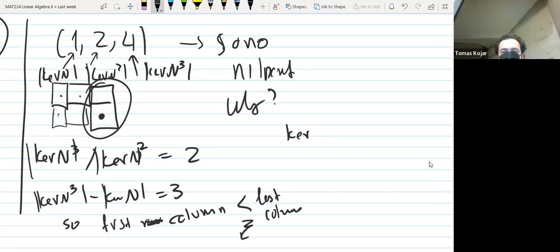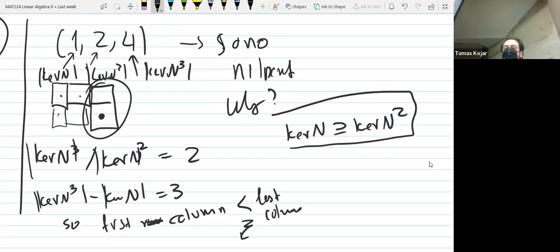So the kernel of n. The kernel of n contains the kernel of n squared. Do we agree on this? Just a second. Do we agree on this? Because you guys are disputing the size of the column. So the size of a column of the kernel of n is what?